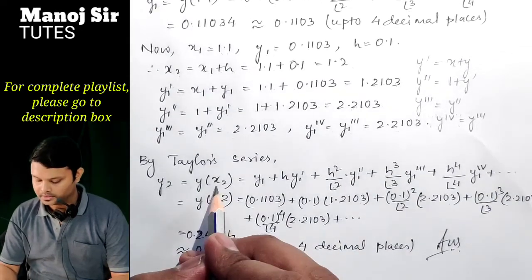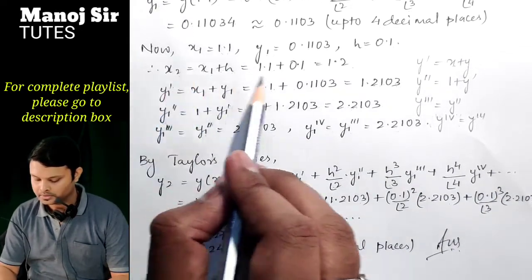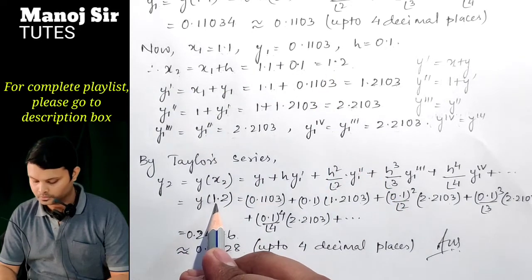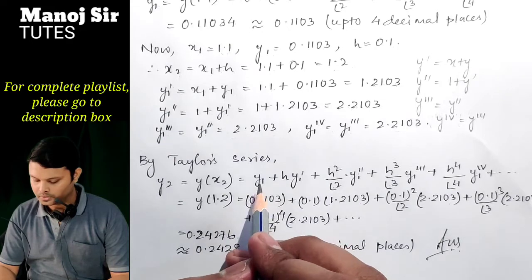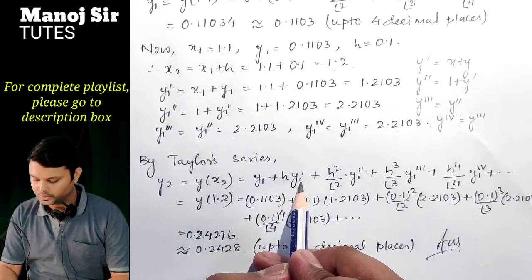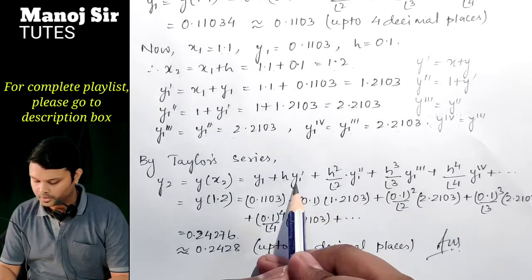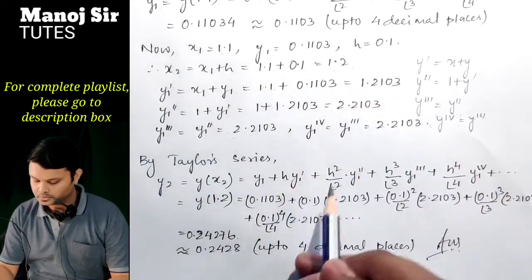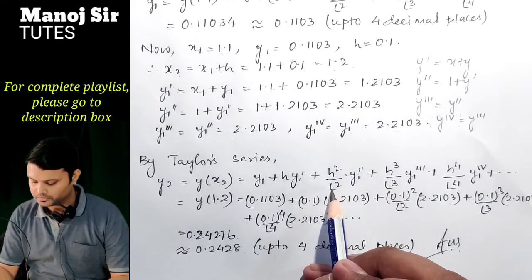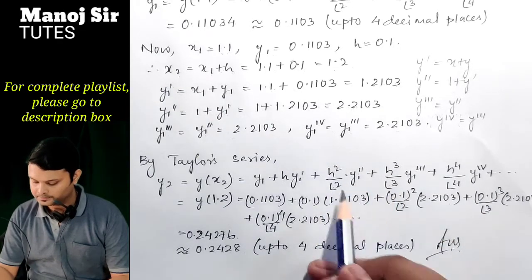Here the value of x2 is how much? That is 1.2. So simply put y2, that is y at x equal to 1.2, equals y1, that is 0.1103, plus h into y1 dash, that is 0.1 into 1.2103. Okay, plus h square upon factorial 2 into y1 double dash.